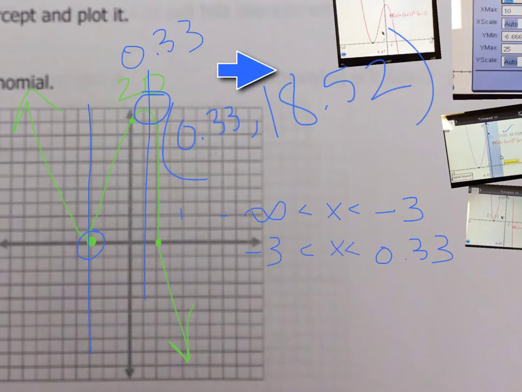So this was decreasing, then it increases, and then finally my graph decreases again from 0.33 to positive infinity. And there's my behavior.